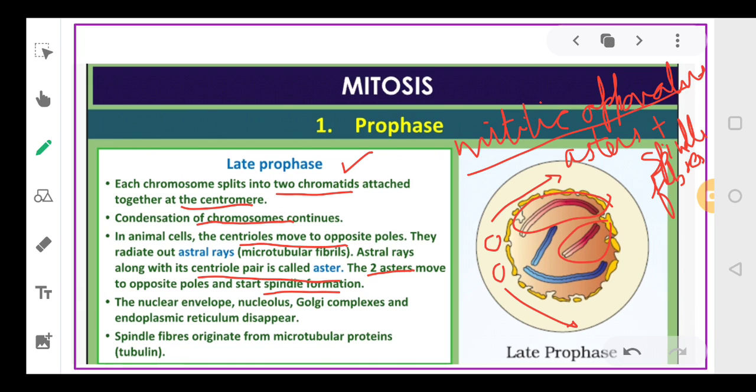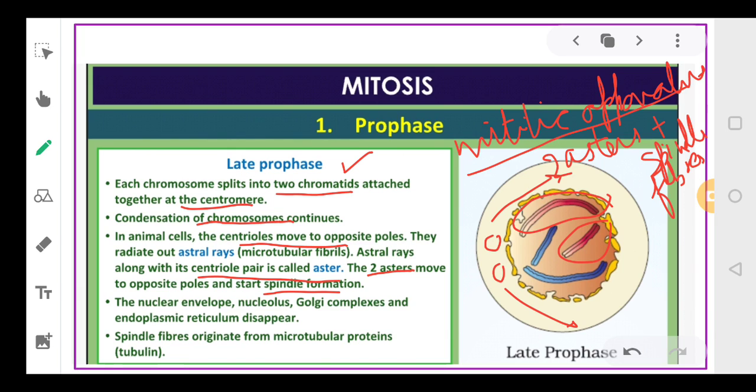One centriole will go to one pole. Now these centrioles will start radiating the astral rays. Now these astral rays along with their centriole pair are called an aster, and the asters will move to opposite poles and start the spindle formation. Or we can say we have a mitotic apparatus which comprises two asters and the spindle fibers, right?